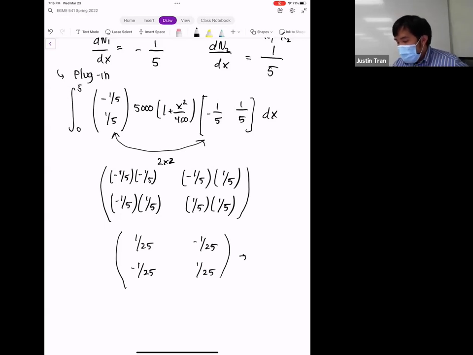This is the result of multiplying our two shape function derivative vectors by each other.